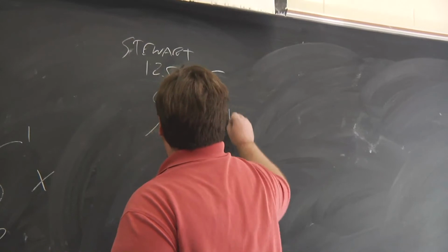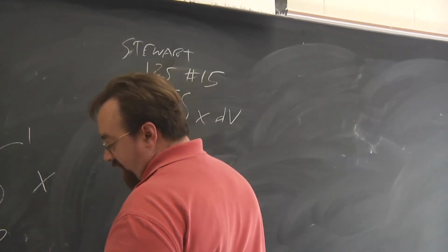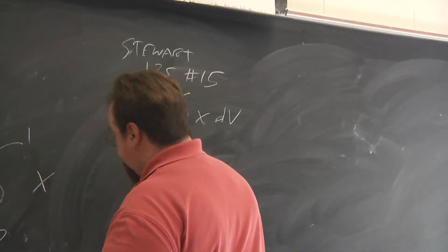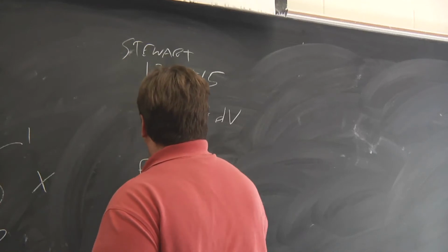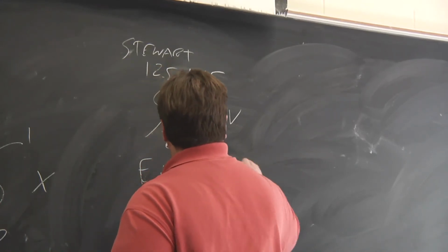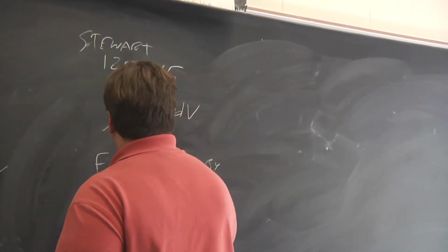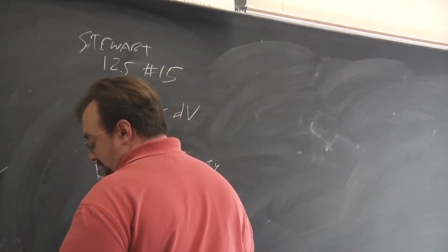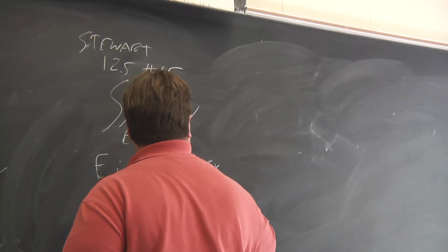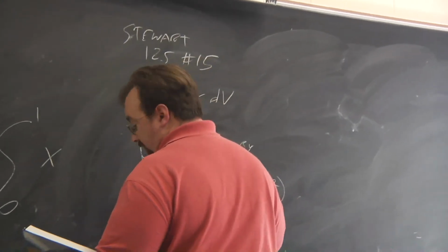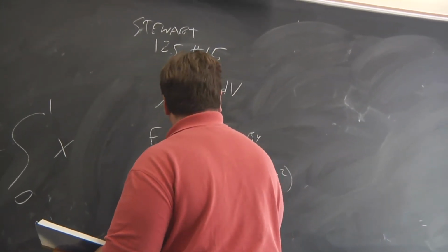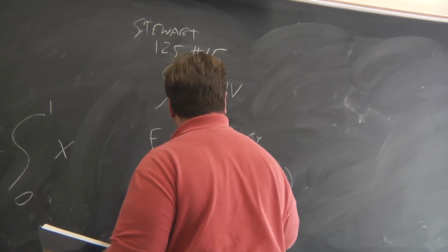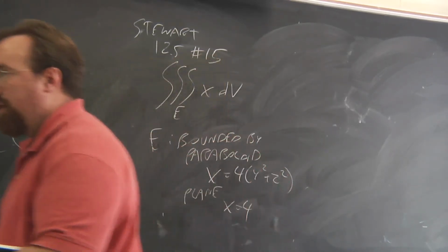You're just integrating x, but the region is bounded by a paraboloid, x is equal to 4 y squared plus z squared, and also bounded by the plane x equals 4.